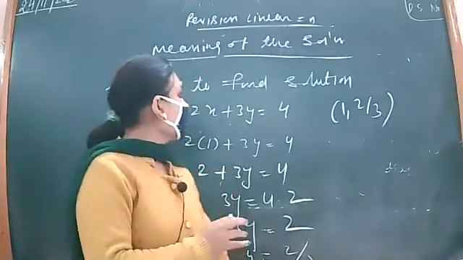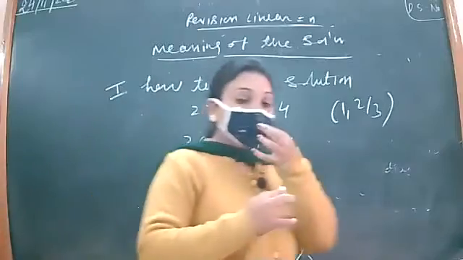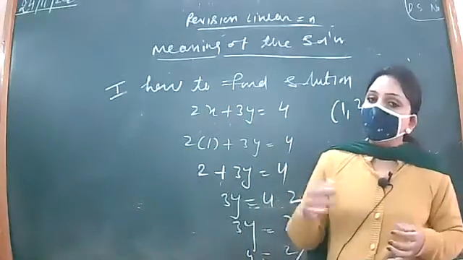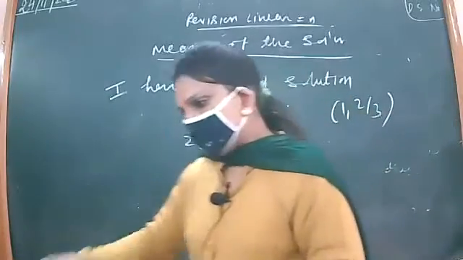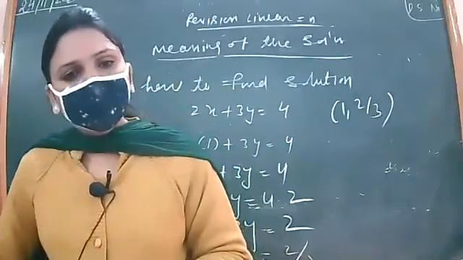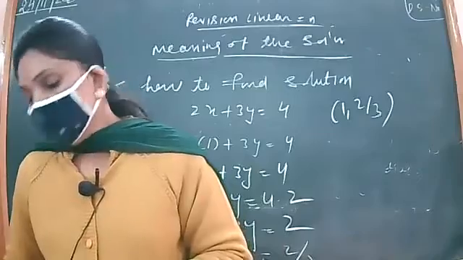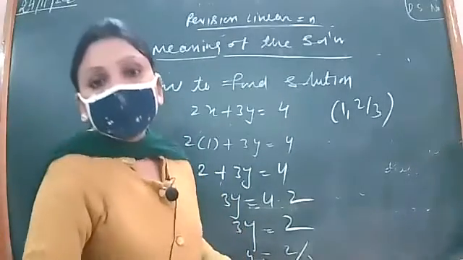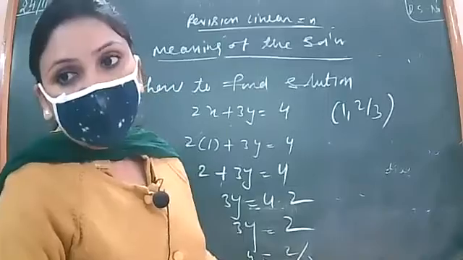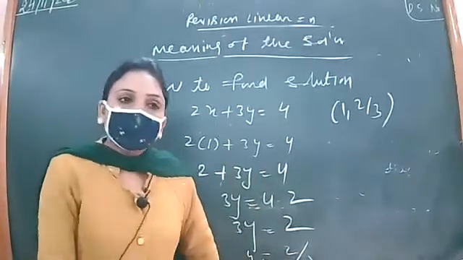Right? So if we take x to be 2, we get a different value of y, and so on. It means whatever value of x we put, according to that we will get the value of y. That means there are so many values of x that we can put. x is a real number, we know, right? As we have infinitely many real numbers, it means we can have infinitely many values of x and corresponding values of y.